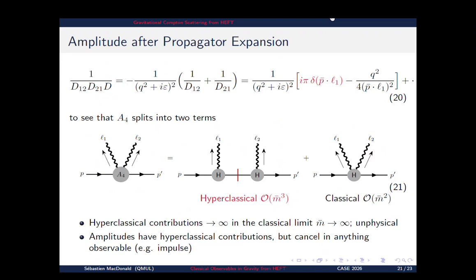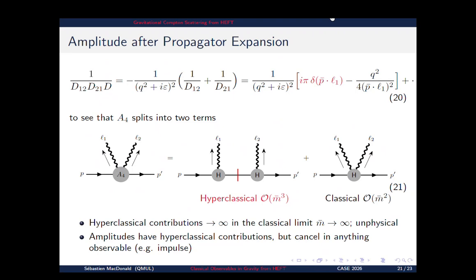The other term has an extra power of m bar. So if you were to have this term survive, once you then calculate an observable from it, it would tend to infinity in the classical limit, as m bar goes to infinity.